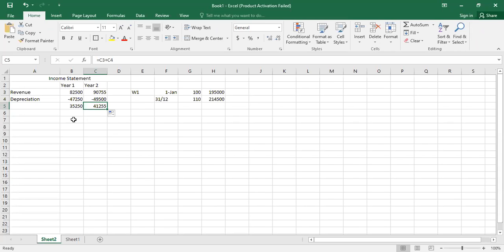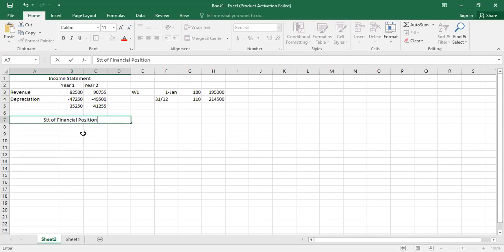So without further ado, I said I was making it simple, I want us to do the statement of financial position, or rather the balance sheet.